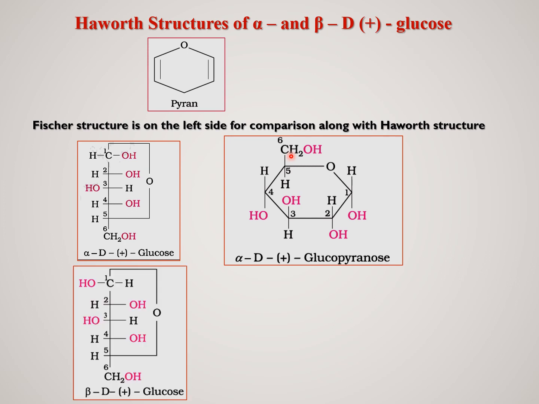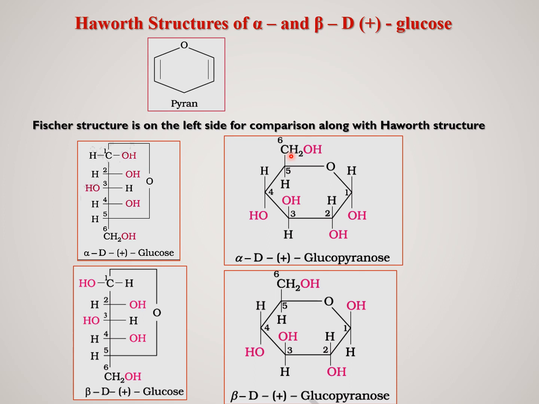Let us now understand the structure for beta D plus glucose, which is written as beta D plus glucopyranose. Now, children, we are comparing it with the open chain beta D plus glucose, which is on the left side of the screen.